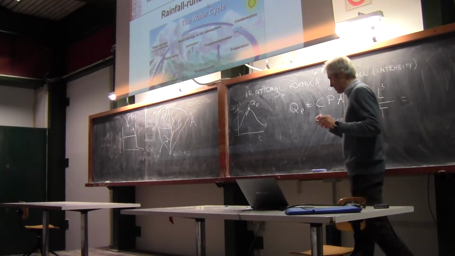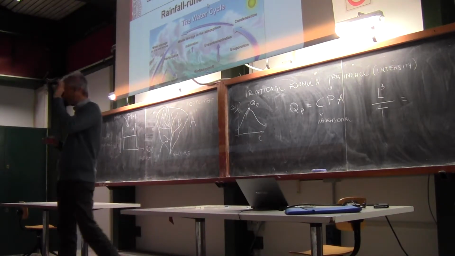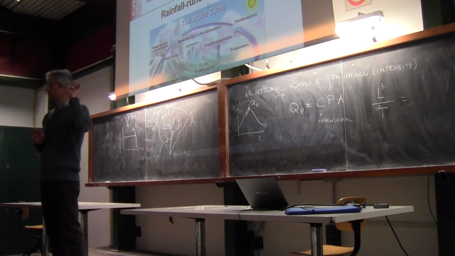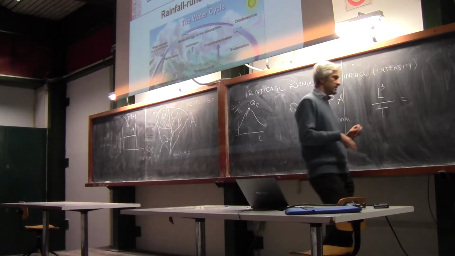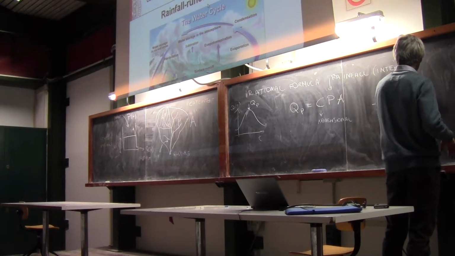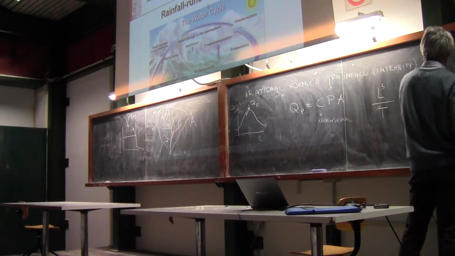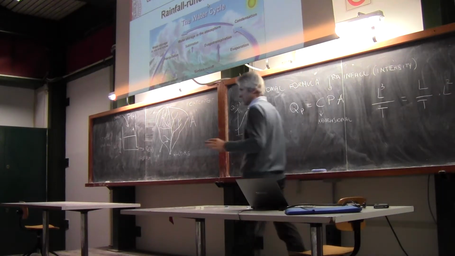Rainfall is usually measured as a length. It's rainfall depth. So we say today it rained 10 millimeters of rain, which means a length. Intensity means length over time. Area is L squared, which is fine. It's dimensionally consistent.